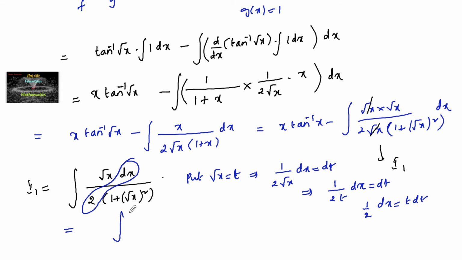So we can write this as integral, root x is nothing but t, dx upon 2 is t dt, that is t square by 1 plus t square dt.